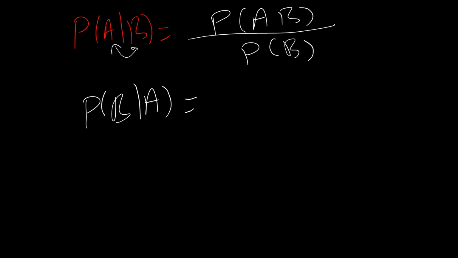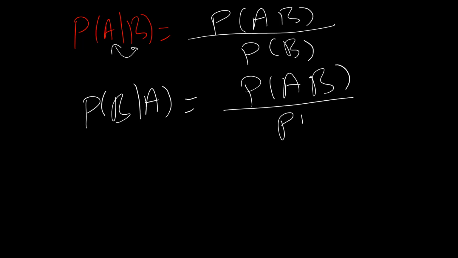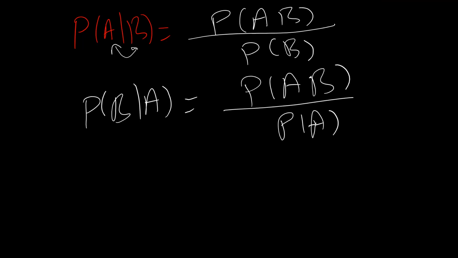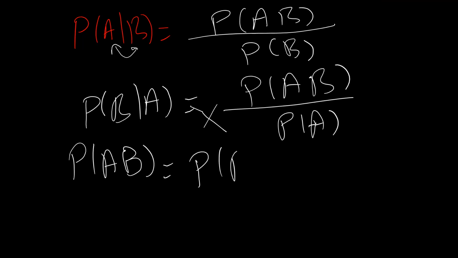Simply the same as above, because probability of AB is the same as probability of BA. But here we will have probability of A in the denominator. If you multiply by cross multiplication, then we will have probability of AB equals probability of B given A times probability of A.